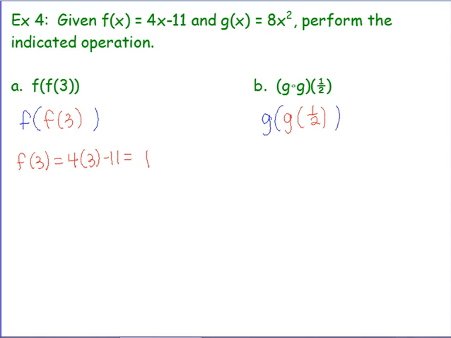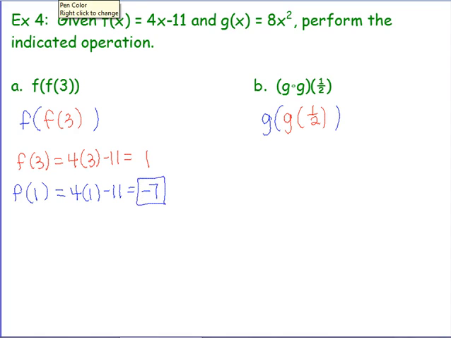Switching to the blue part, which is also F of 1, we're going to put 1 again in the F equation. So 1 goes right here, 4 times 1 minus 11 should leave you with negative 7 as your correct answer.